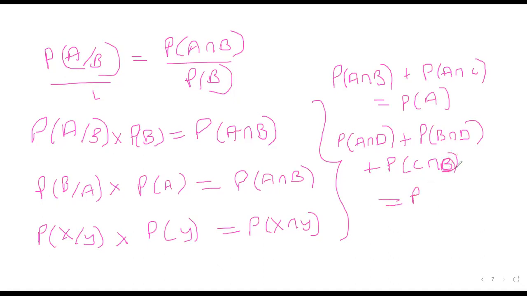When we add all these probabilities, what probability are you getting? The common letter, which is what? D. Are we clear so far? This is called Theorem 2.